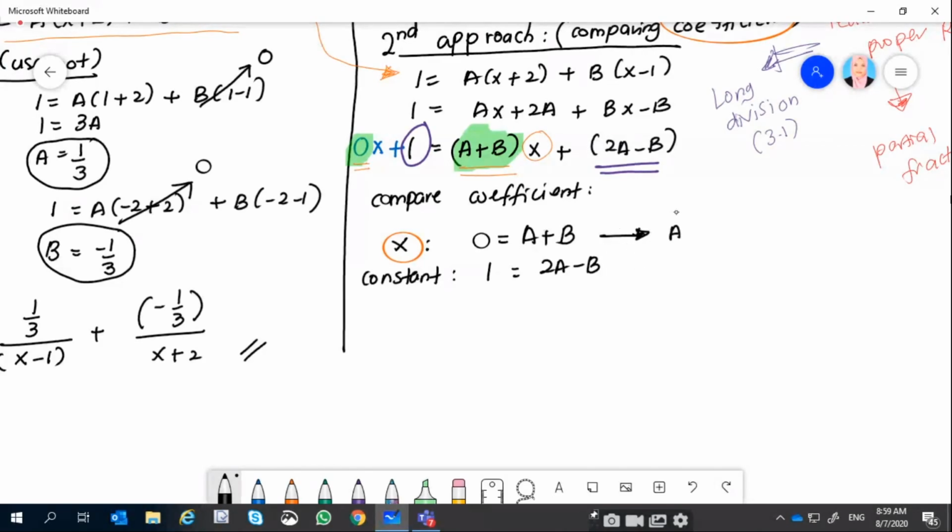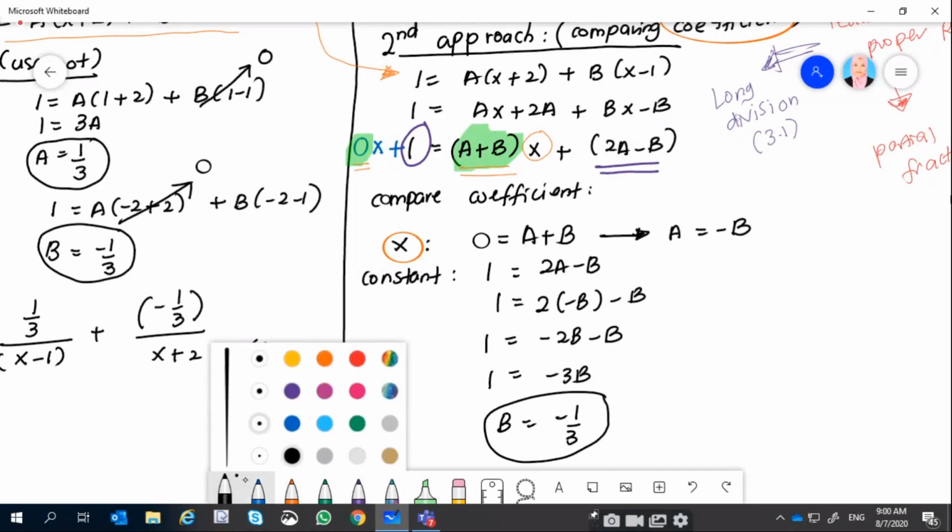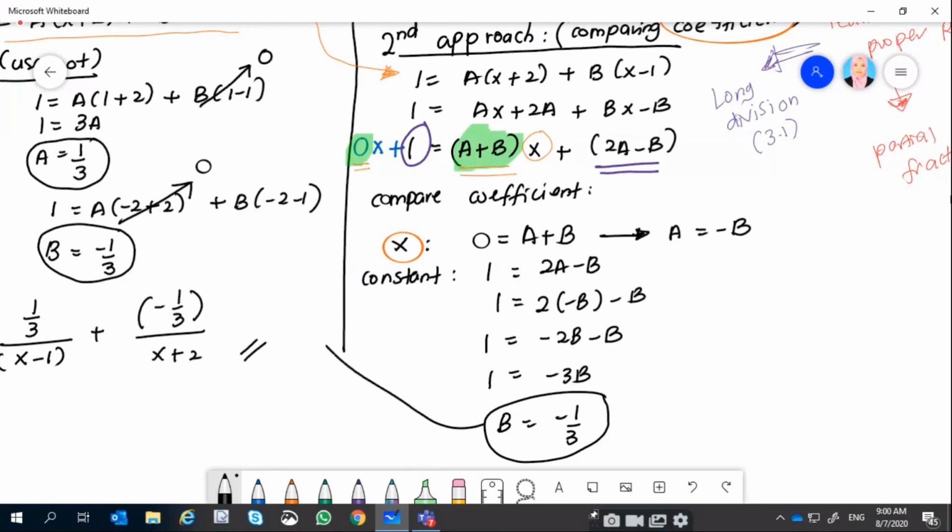Okay, I use the substitution technique. So a equals negative b, so 2 times negative b minus b equals 1. So you will have negative 2b minus b equals 1, so negative 3b equals 1, b equals negative 1 over 3. Then we get the same answer. Yes, the same answer. So whatever technique you use, you should get the same answer.